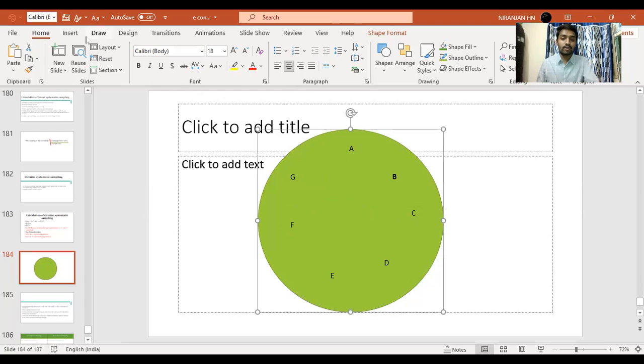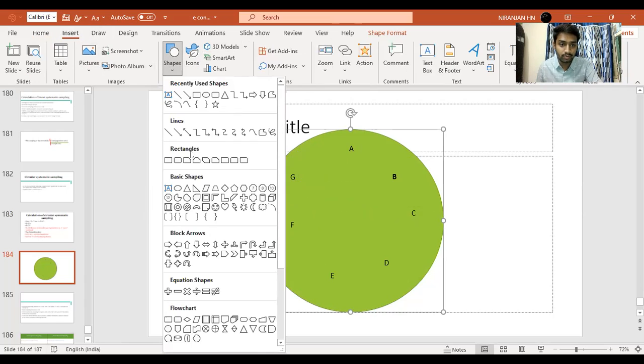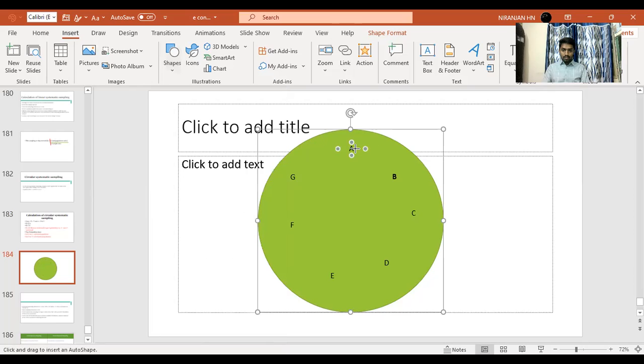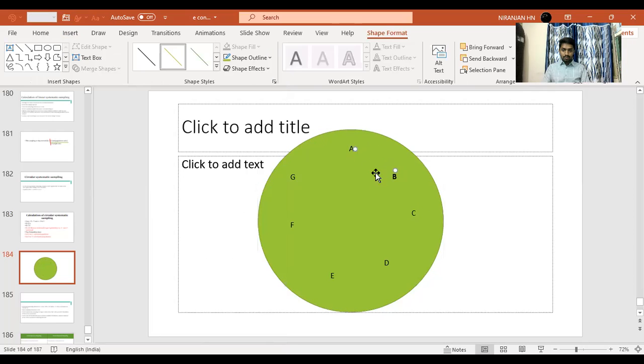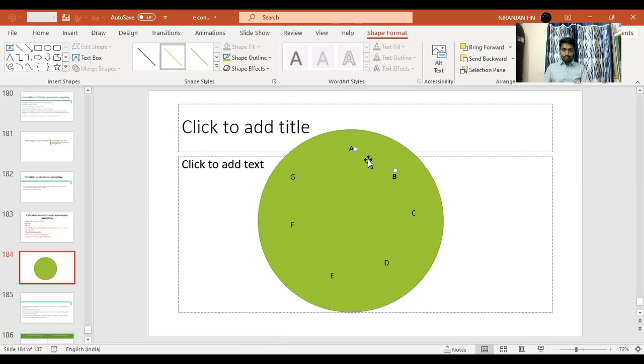How this is going to move, I'll show you. I'll draw a line from here to here, and the same like this.